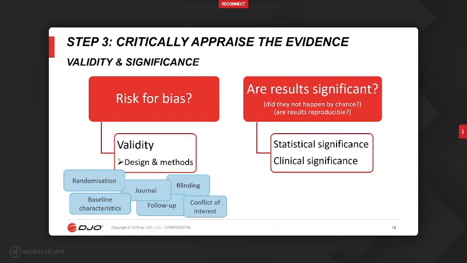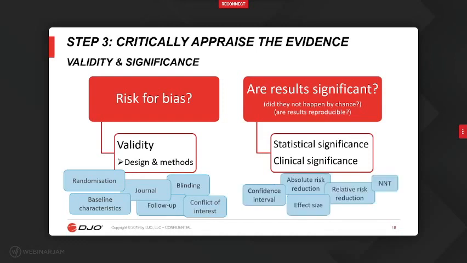Then looking at the statistical significance, this is important because it demonstrates that the results of the study did not happen by chance and that the results are reproducible. So this will provide the healthcare practitioner confidence in the data you are presenting. There are a lot of statistical terms that we need to understand. I will not go into detail of all those concepts now.